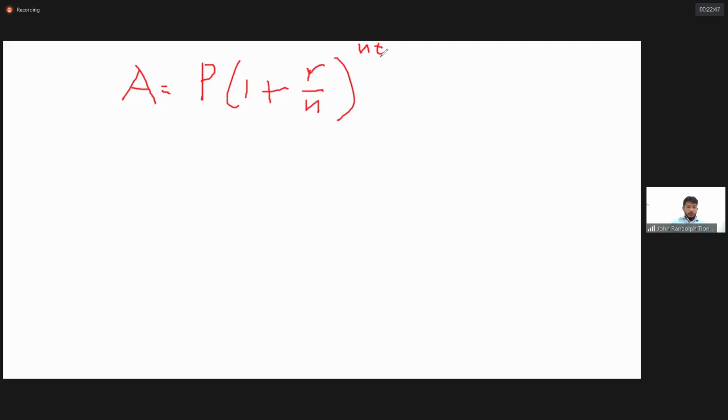Okay, what does it mean by A? A there is your compound amount after you calculate. And then P there is your principal. When you say principal, yan yung starting amount, starting number.